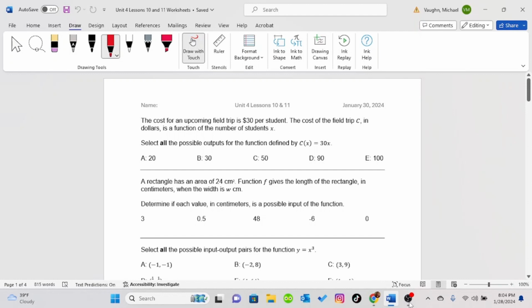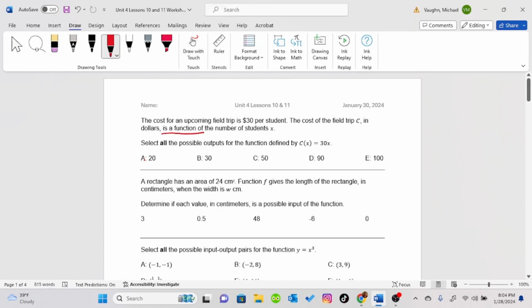So what you want to remember, go back to earlier in Unit 4, and remember that when we saw the words "is a function of," the very next thing was our input, which means what comes before it is our output.